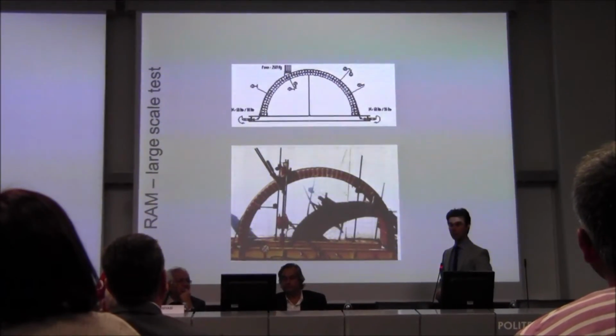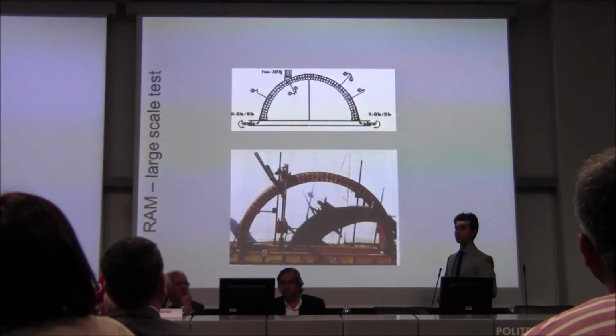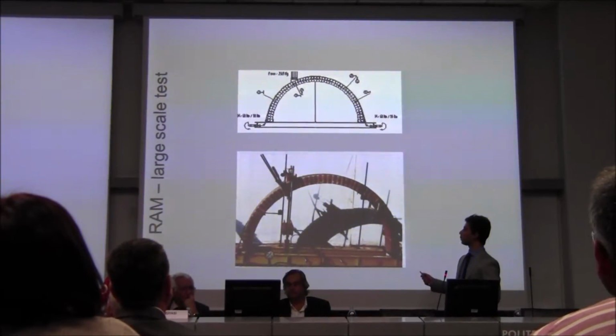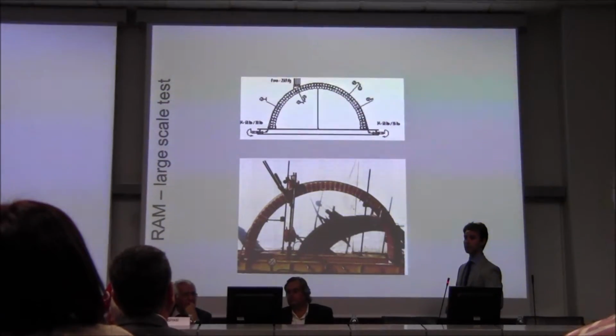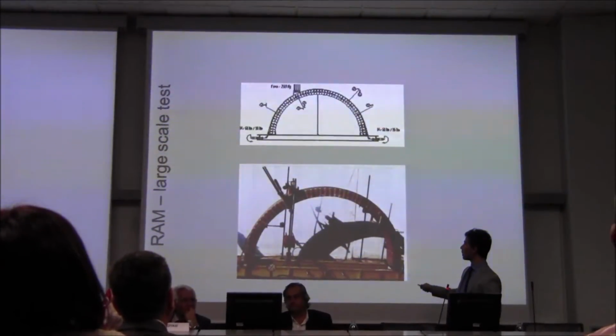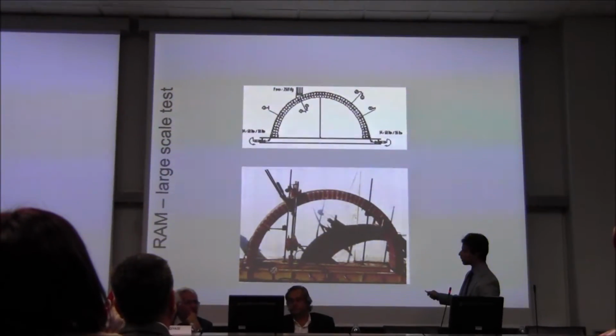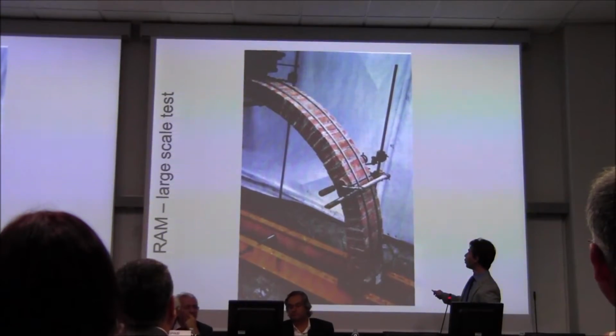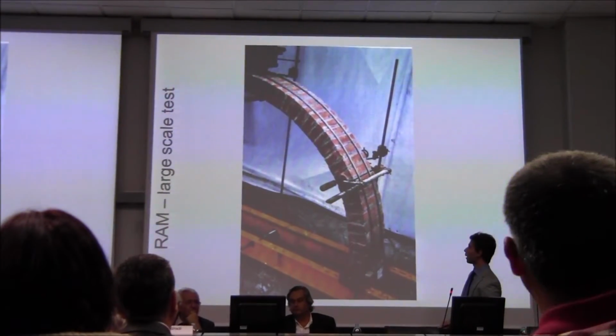Several tests have been performed on this reinforced arch method, and for example, large scale tests here on more than 100 real scale masonry arches, where steel cables were placed on the extrados or on the intrados.